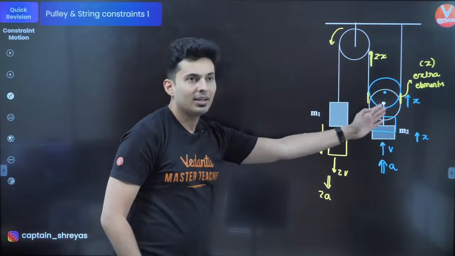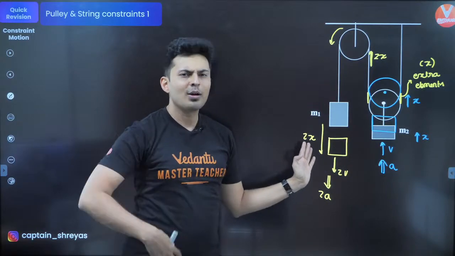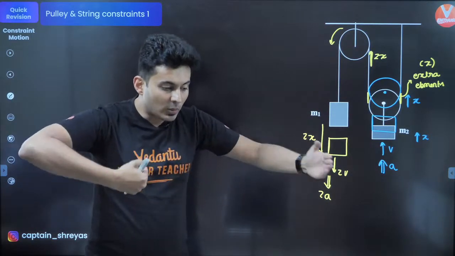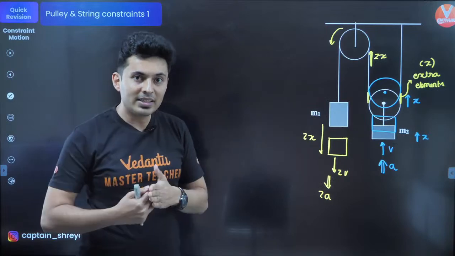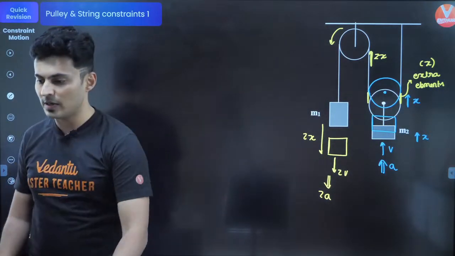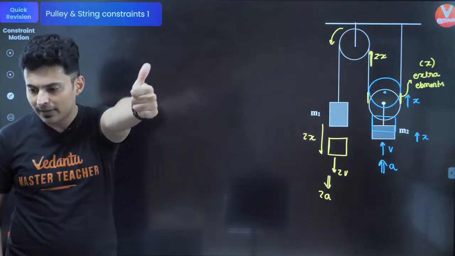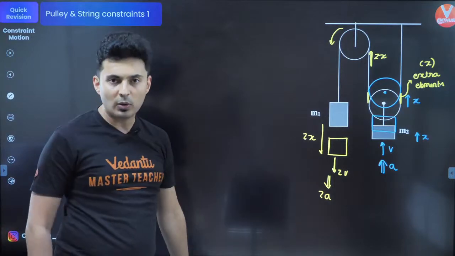So I found out if this is a, this is 2a. If this is v, this is 2v. If this is x, this is 2x. Why? Because if it moves twice in the same time, obviously it will have twice the velocity and twice the acceleration. I hope this is clear. Everybody clear about this? Shall we go ahead?